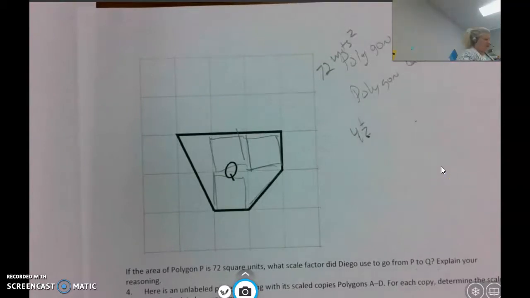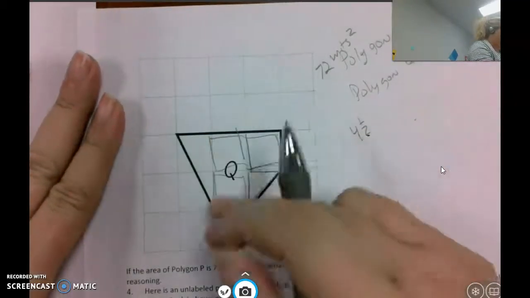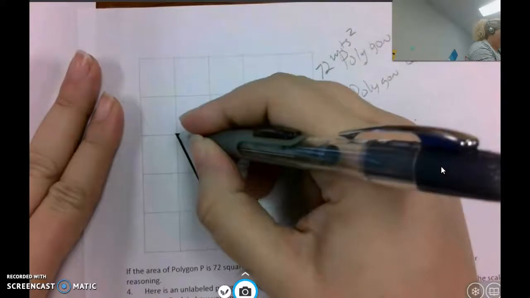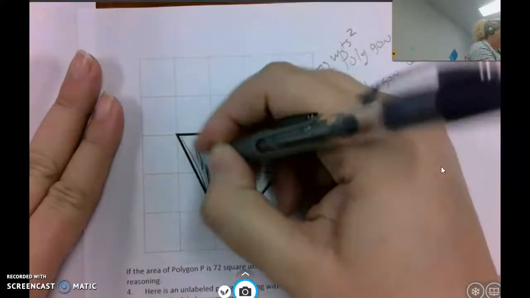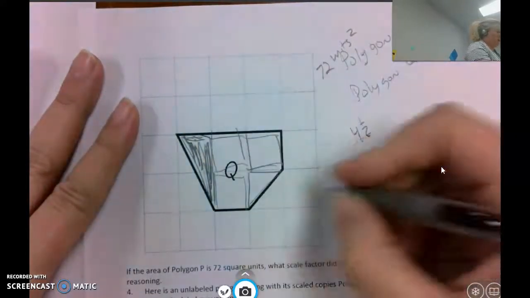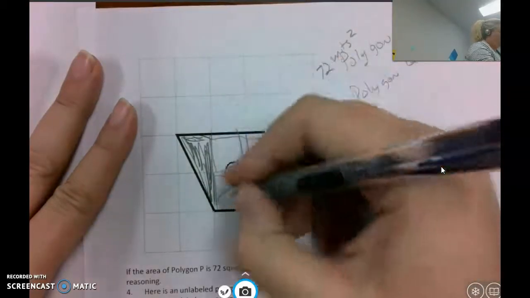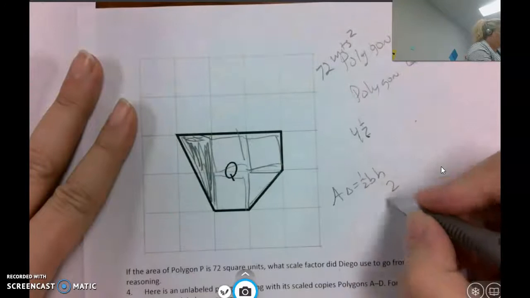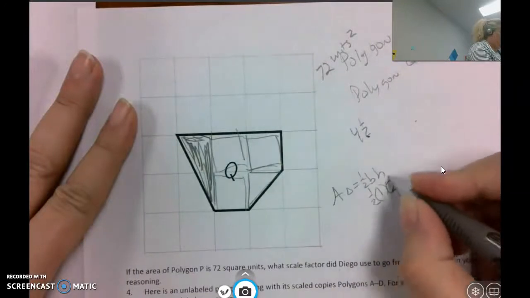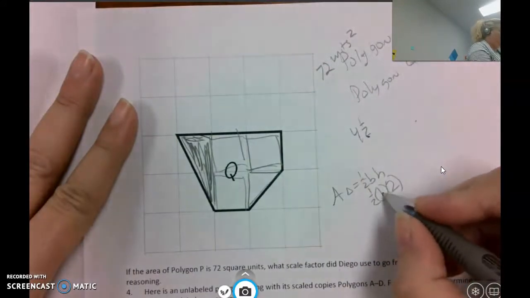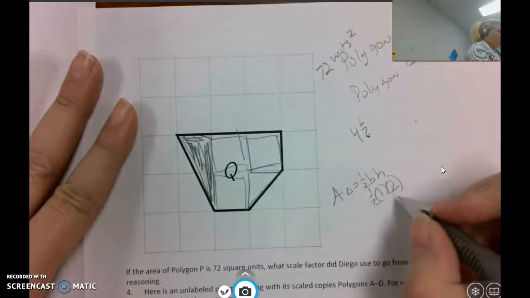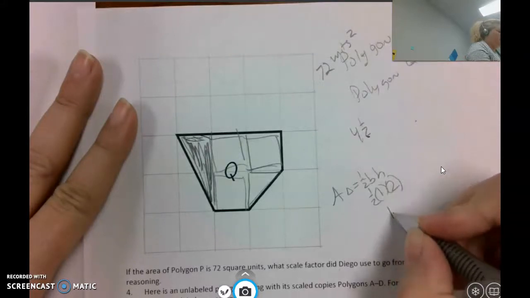So I'm not really sure I'm okay with estimating that. Let's see. So I know I have these 3. Then I have 2 triangles. Let me just do the area of a triangle real quick. Area of a triangle is 1/2 base times height. So the height there is 2. The base is 1. Half of that. So half of 1 times 2. Half of 2 is 1.